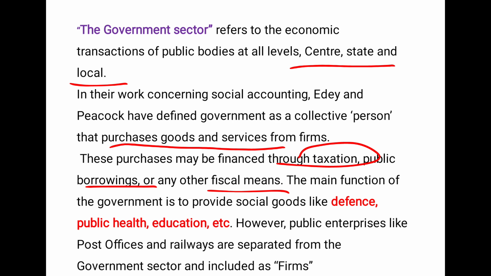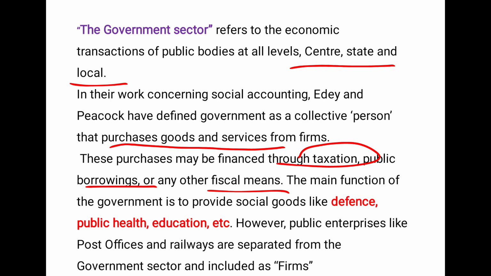The government's work is to collect taxes. If they do not have money in spite of having taxation, they borrow and make some fiscal measures. Now the main function of the government, you know what it is? To take care of the people of the country, that is, looking into the welfare of the country.